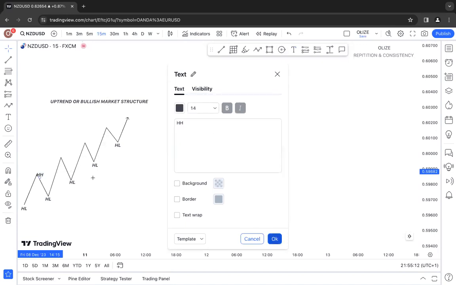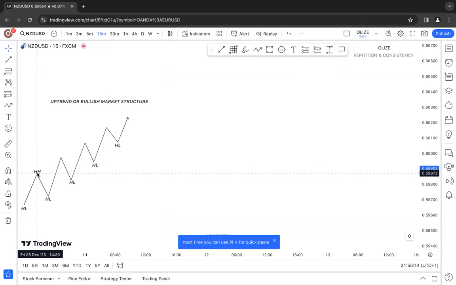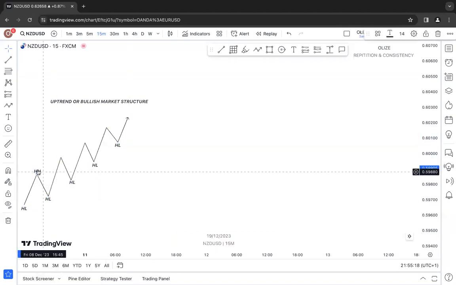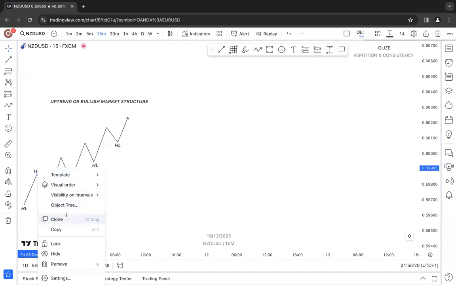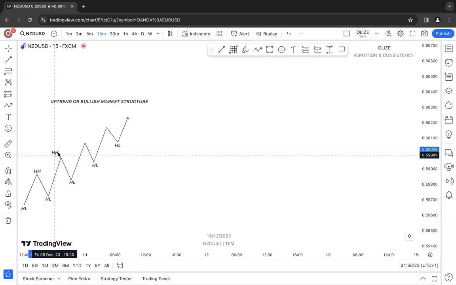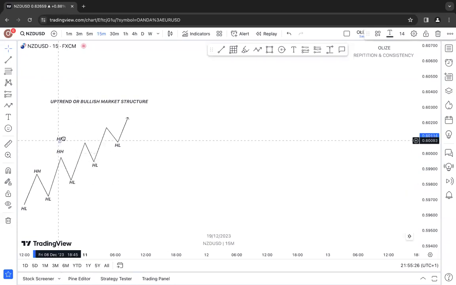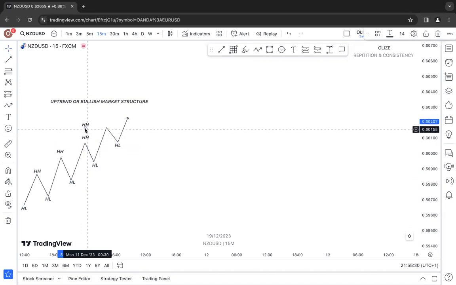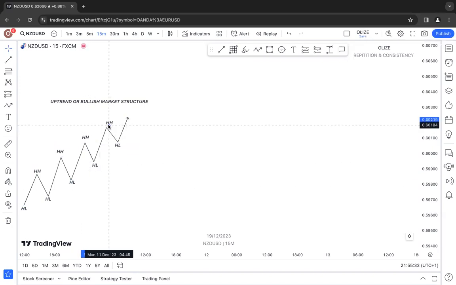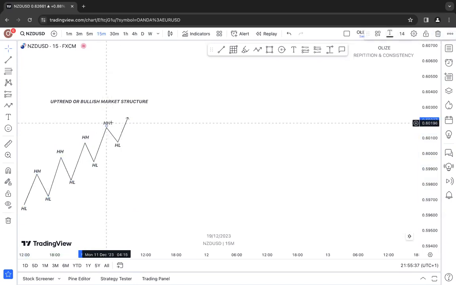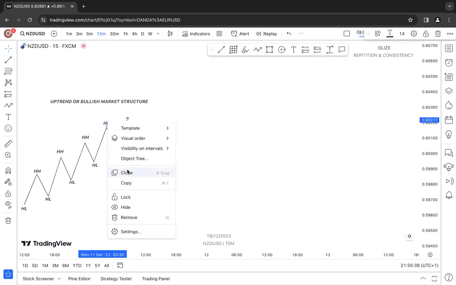HH is for your higher high and HL is for your higher low. As simple as this may sound, it is very important and vital in your day-to-day trading, both for having your directional bias and knowing your overall market trend.